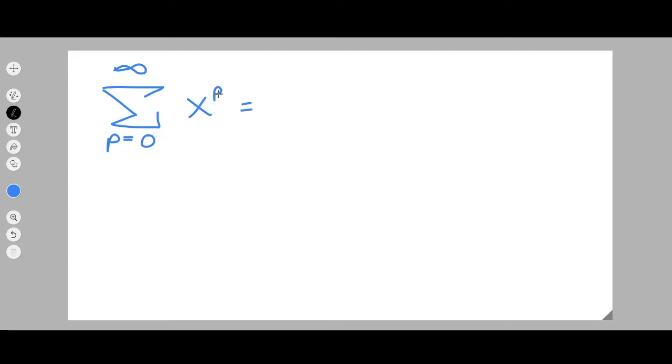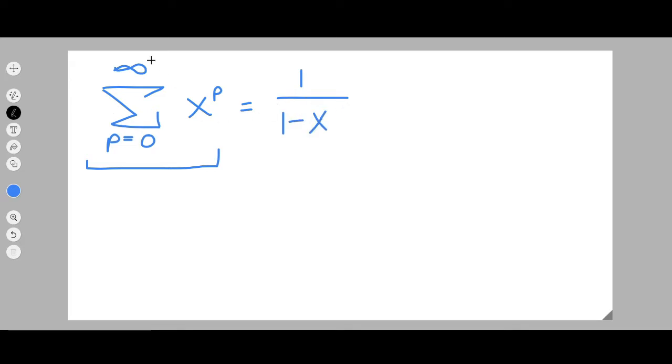And basically we can write this as 1 over 1 minus x. Wait, no, 1 over 1 minus x. There's a big difference between those two.